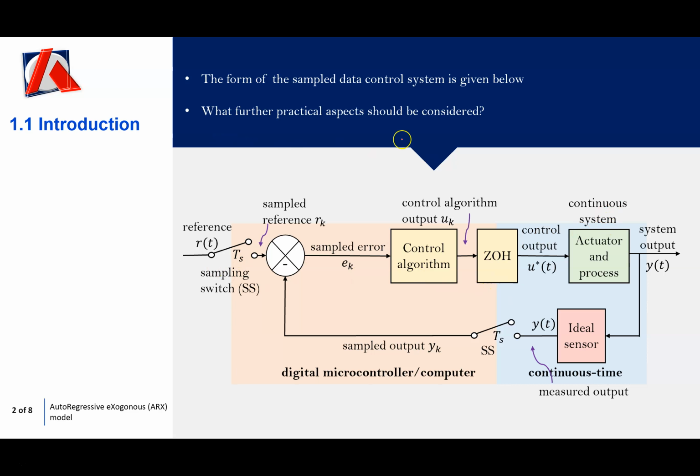The one area we haven't looked at is the continuous system. So far we've modeled it in the continuous domain, and then discretized it, effectively getting a G(z) transfer function.